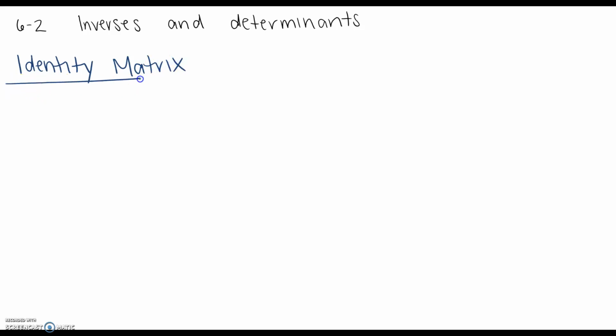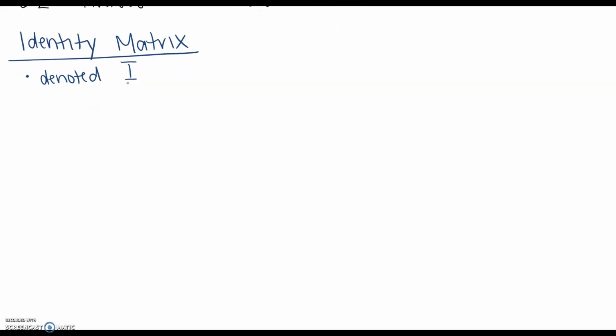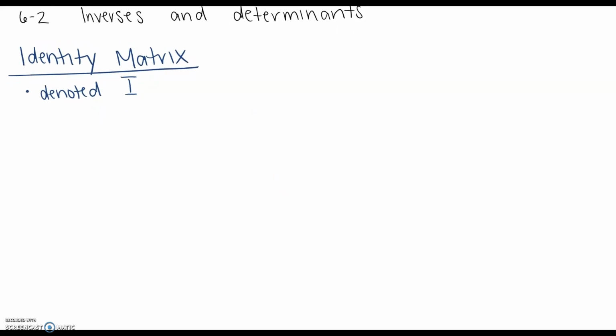The identity matrix is denoted with a capital I. Usually we put a little number next to it depending on the dimensions. So is it a 2 by 2 or a 3 by 3 matrix?